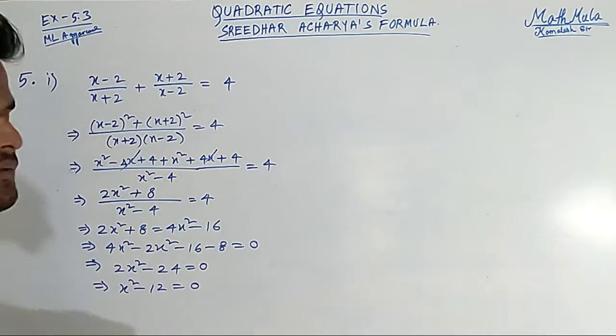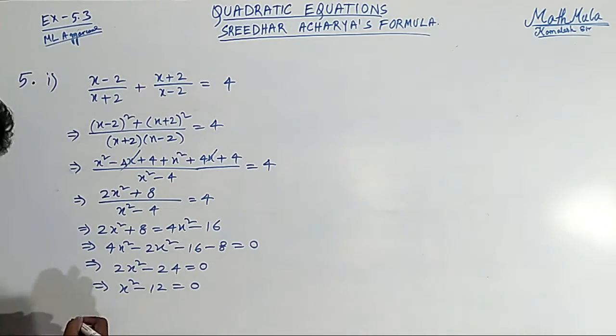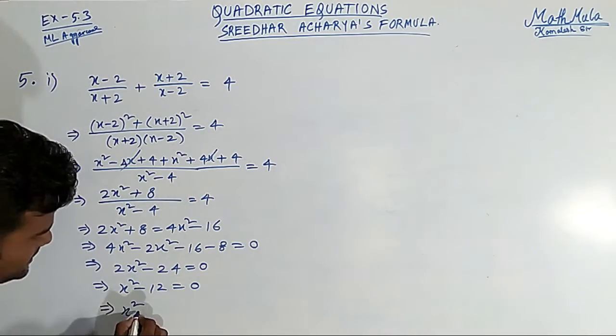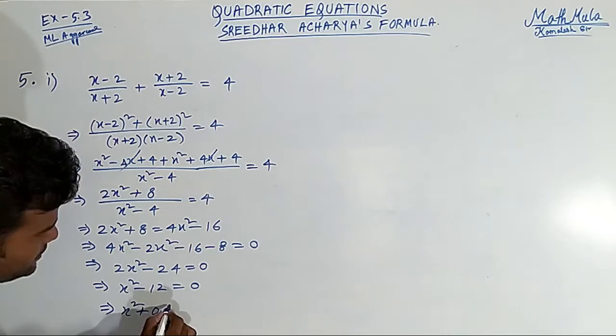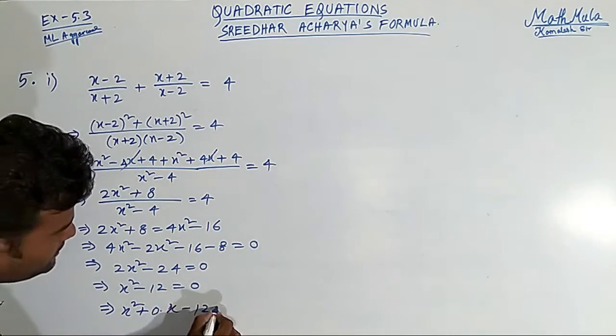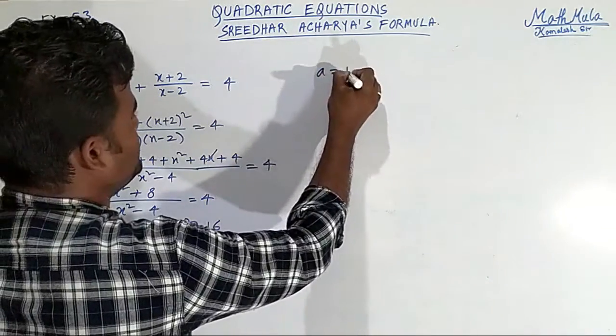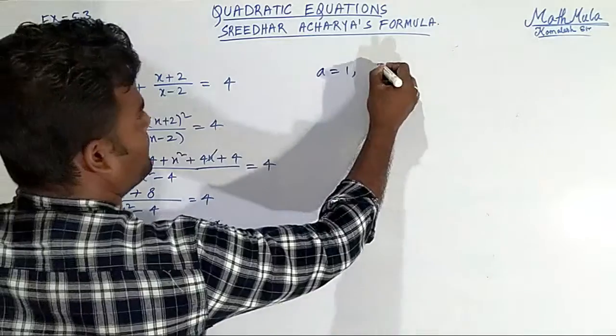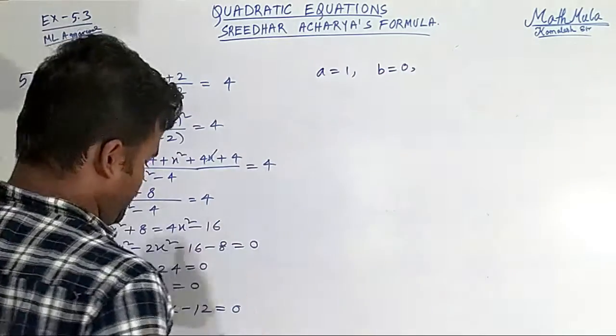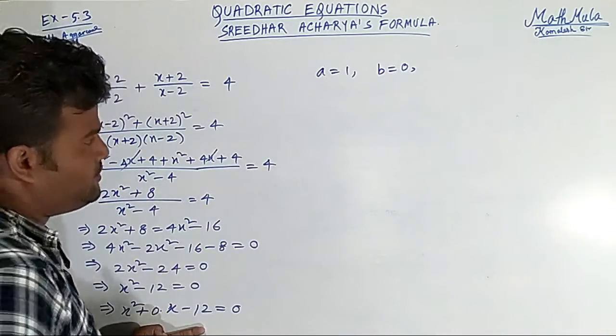Now this is the standard form of quadratic equation. Now there is no term of x because the coefficient of x is 0. So you can write this x square plus 0 into x minus 12 is equal to 0. Now comparing this with the general equation, we get a is equal to 1, the coefficient of x, b, is equal to 0, and the constant term c is equal to minus 12.